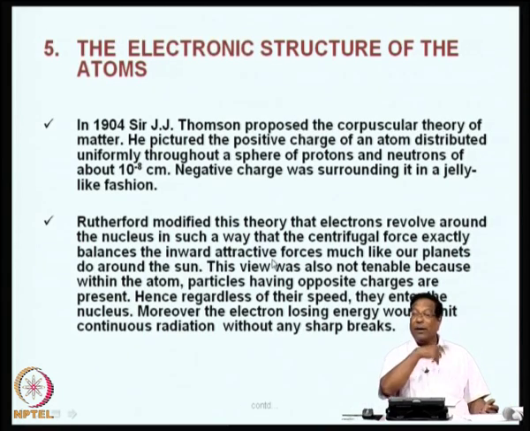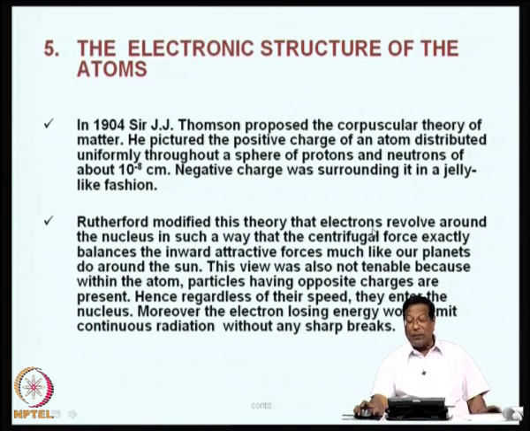Still, the orbital motion of the planets makes them stay in their orbits and not fall into the Sun. So, this view was also not tenable. Of course, it provided a beautiful way of imagining how an atom can be stable.